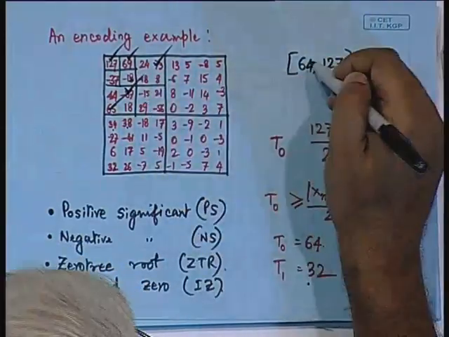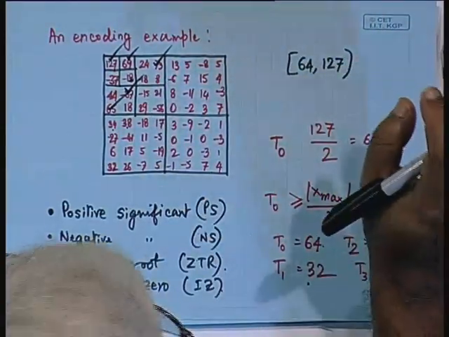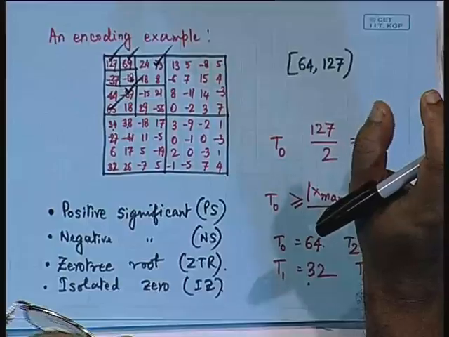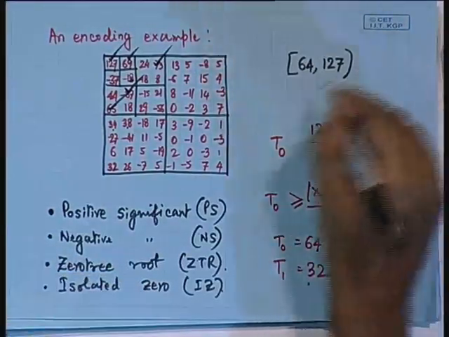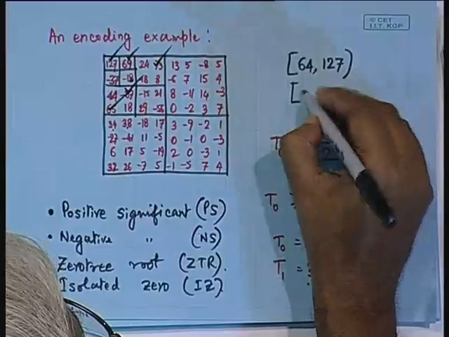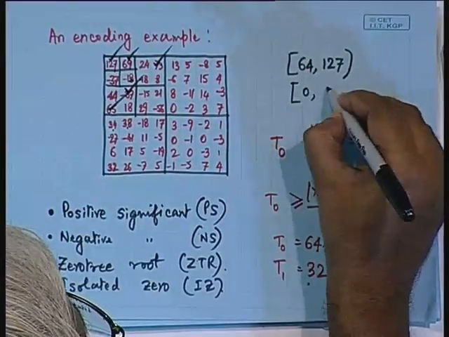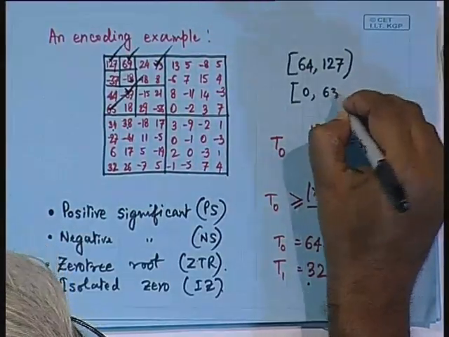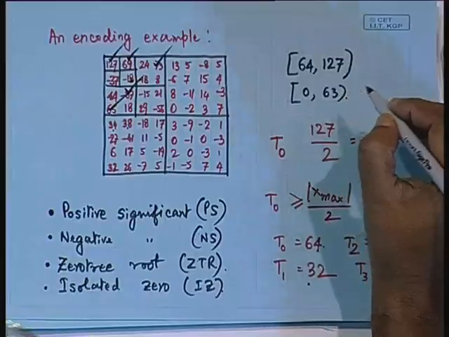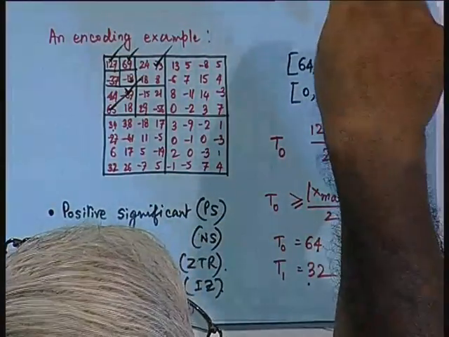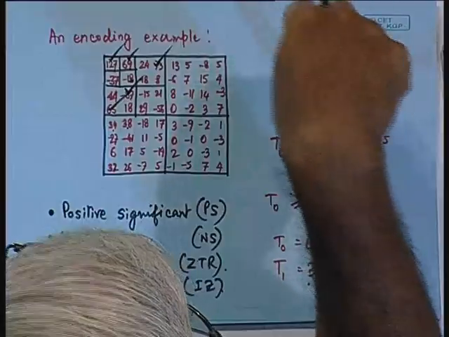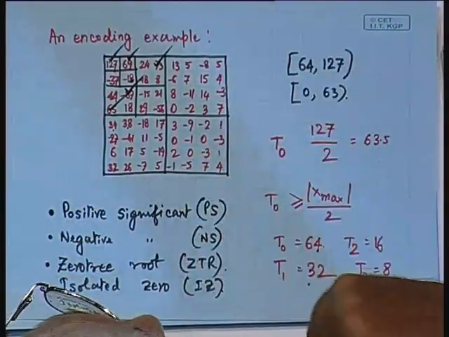This 69 also lies in the range of 64 to 127. Whatever is significant lies in the range of 64 to 127, and whichever are insignificant lie in the range of 0 to 63. So, in this case we are just subdividing into two such parts.